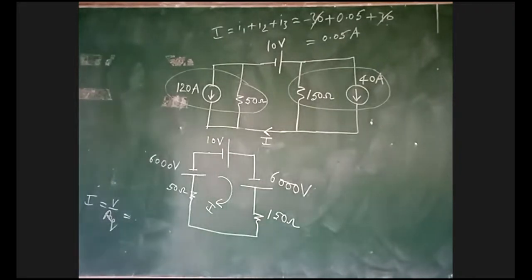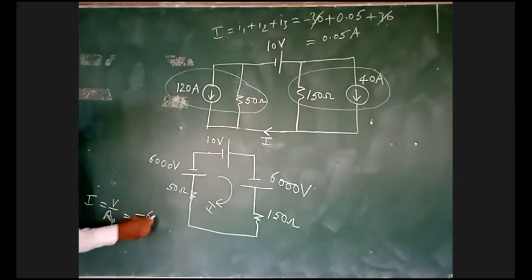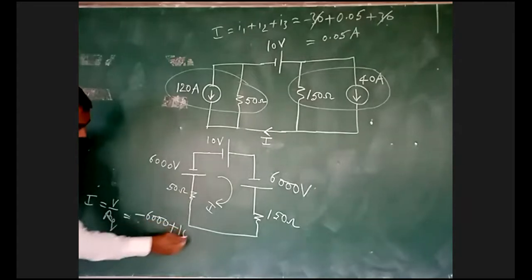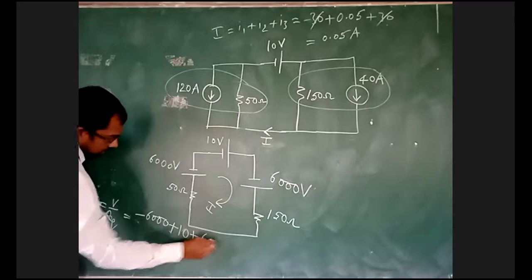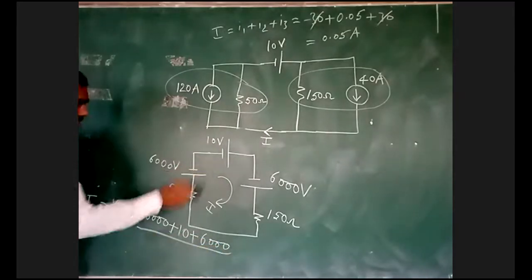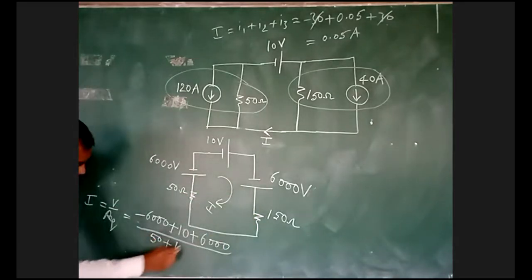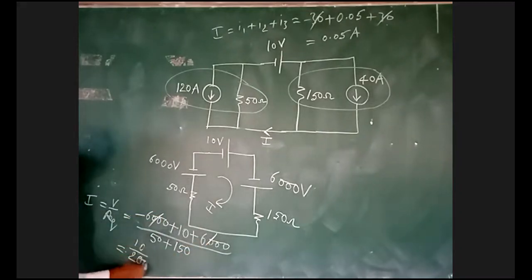In the numerator, write down V. I is flowing from plus to minus: minus 6,000. I is flowing from minus to plus: plus 10. Plus 6,000. Divided by these resistances, 50 and 150, which are in series, so we add the resistances. 10 by 200.